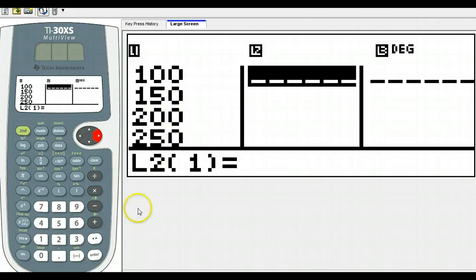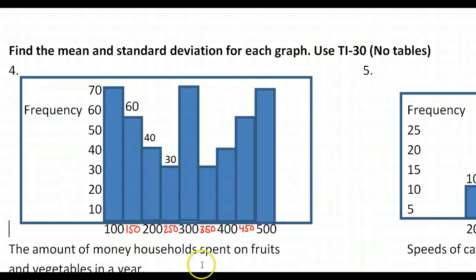So you see I've typed in one of each number that you can see across the bottom. Now, to capture the frequency, I will record the frequencies in list 2. So for 100, there's 70 of those. Then it goes 60, 40, 30. So 70, 60, 40, 30.